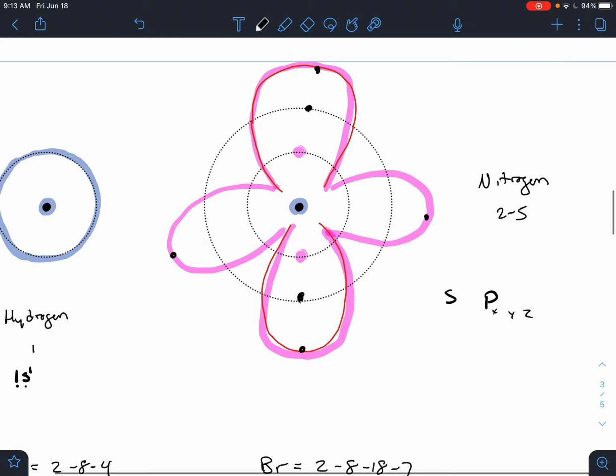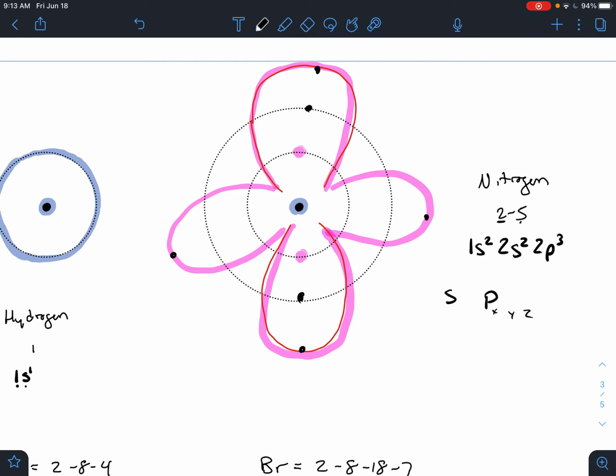Something like nitrogen takes a couple steps further. So we have 1s2 because there are 2 electrons in that first subshell. And then we have 2s2. And then we're going to have 2p, whatever's left over, 3.